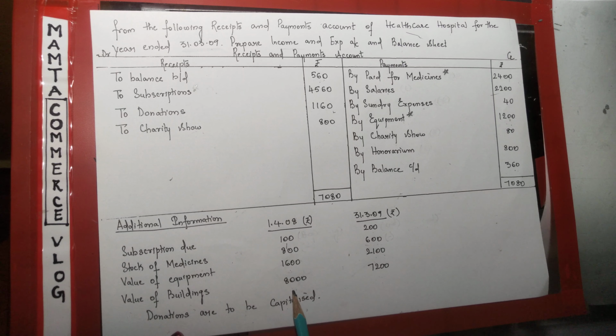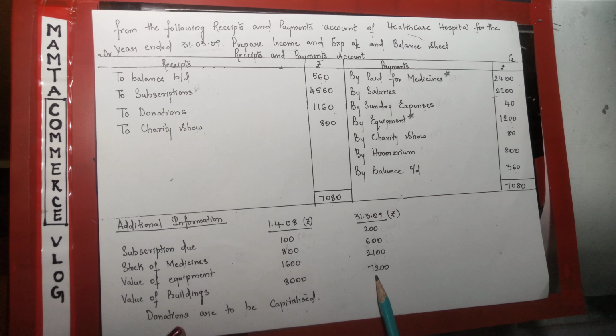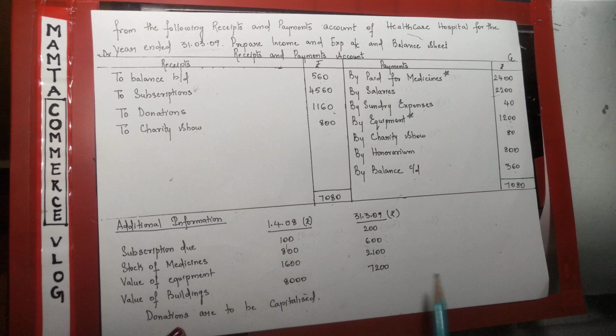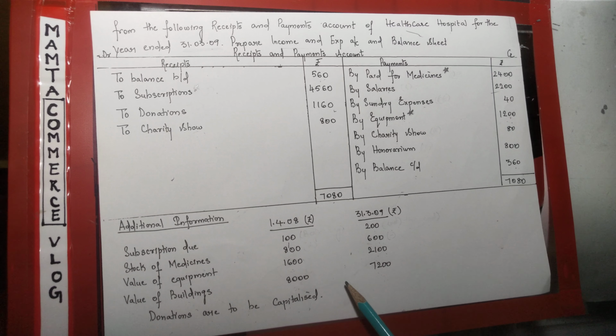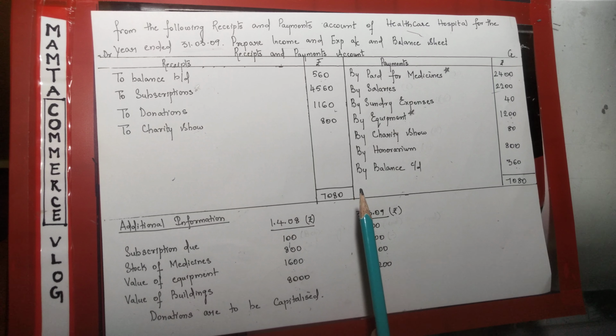The opening value of building is 8000 and the closing value of building is 7200. Building is an asset, so we will make a point of this building on the asset side of the balance sheet. If we find any loss or income from all this additional information, it is to be noted in the income and expenditure account. So now let us move to the receipts and payments account.